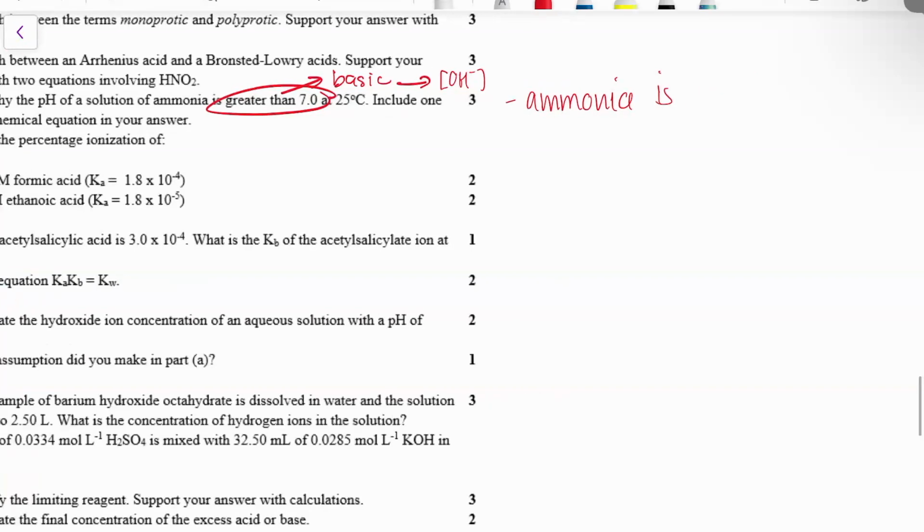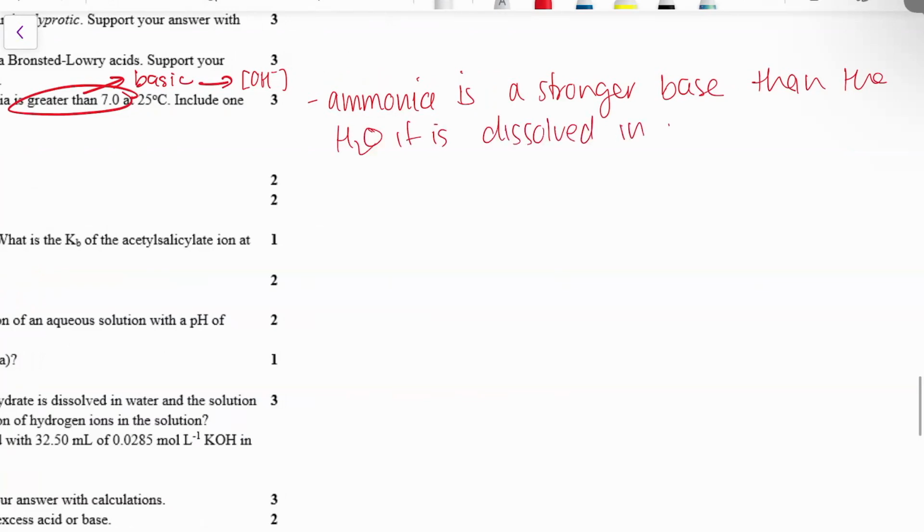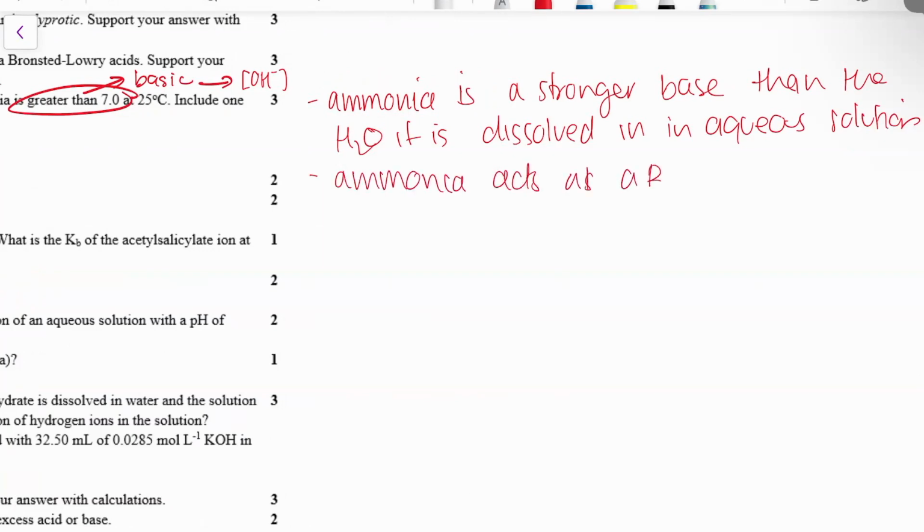So ammonia is a stronger base than the H2O it is dissolved in, in aqueous solution. And because of that, that's your explanation of why ammonia acts as a Bronsted-Lowry base. And what does a Bronsted-Lowry base do? Accept protons.